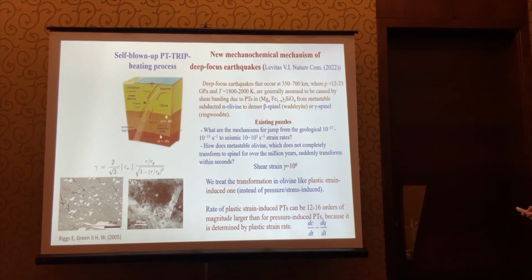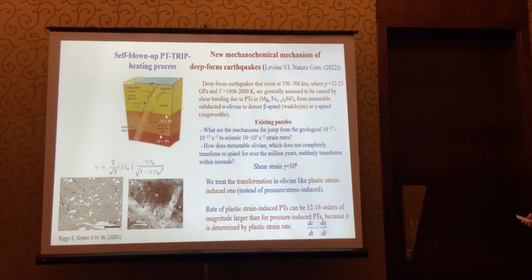So deep focus earthquake occurs at such depths where pressure is 12 to 23 GPa, temperature is around 2000 Kelvin, and they are generally assumed to be caused by shear banding due to phase transition in subducted metastable olivine to spinel.